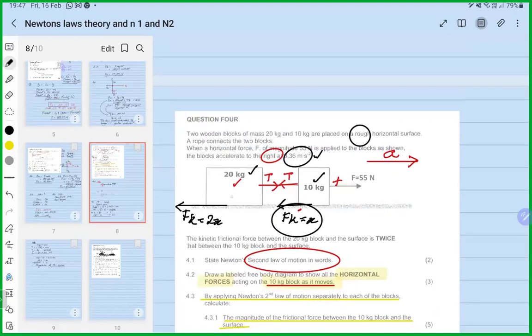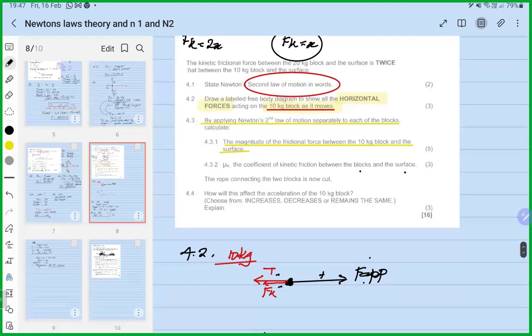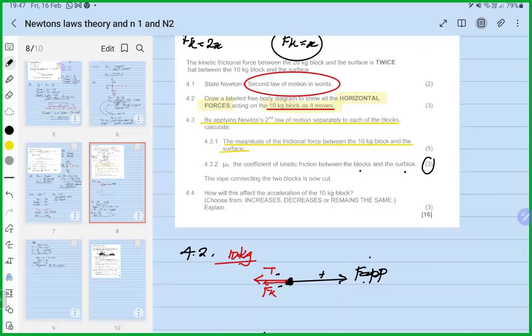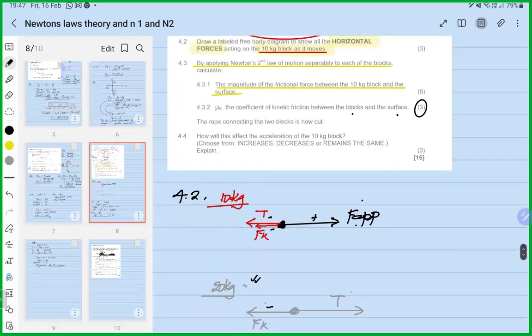Because they're both made of wood. They're both moving over the same type of rough surface. So technically, we should get exactly the same coefficient for both these masses. I'm going to work it out firstly for the 10 kilogram, and then I'm going to work it out for the 20 kilogram, and you're going to get the same coefficient.